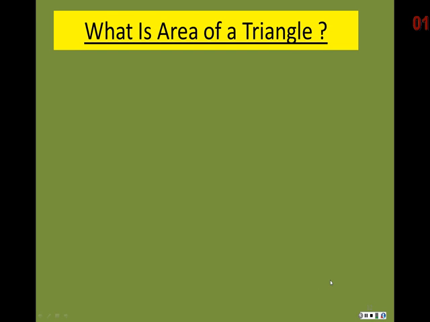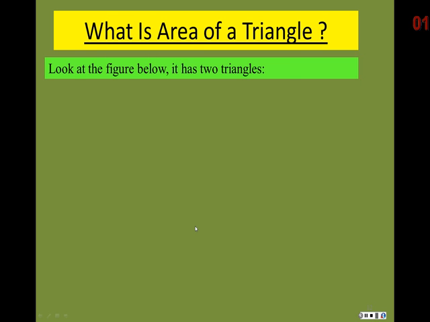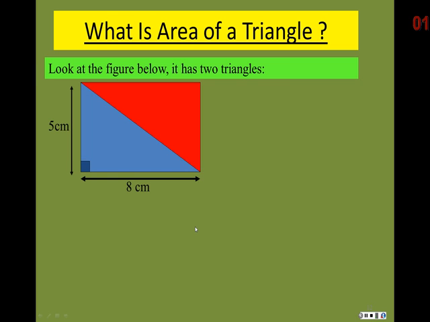Now, the reason we needed to review that is because when we talk about the area of a triangle, there's something that you need to know about triangles. If I look at these two triangles here, when I combine the red and the purplish blue together, what kind of figure is formed?